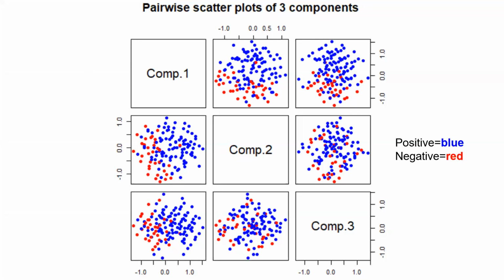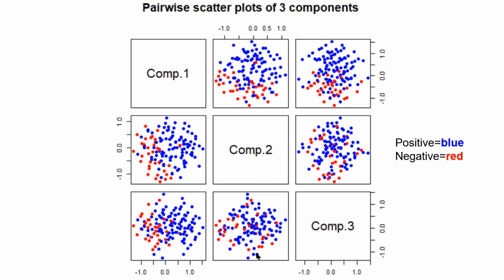Anything that's more than 0.05 is basically just positive for diabetes. But if you look at component 2, anything that's more than 0.05 is also mostly positive.